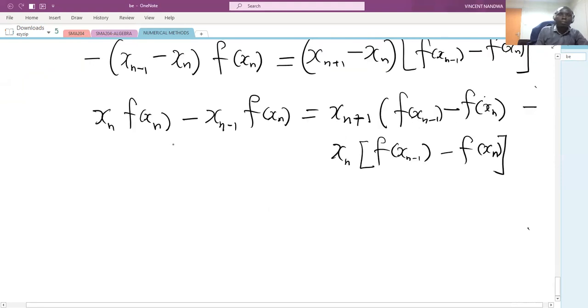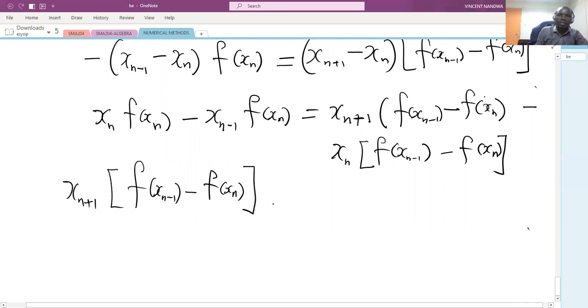This one I take to the left-hand side, so I'll have xn plus 1 times f of xn minus 1 minus f of xn equals xn f of xn minus xn minus 1 f of xn.